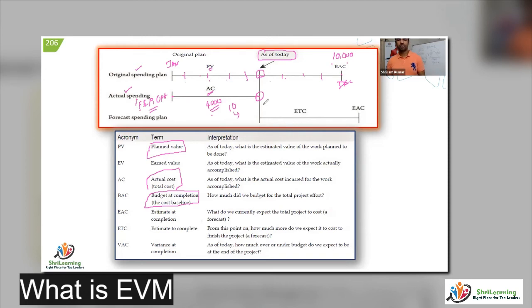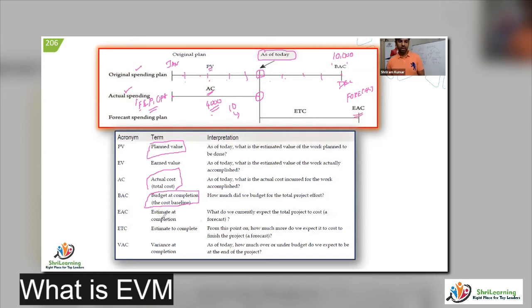Now, I'm going to take your next segment. Why we are doing this control cost or cost calculation is, what if we cannot complete the project in $10,000? What will be the new budget? What will be the forecast? When you do the forecast, that's going to be called EAC.